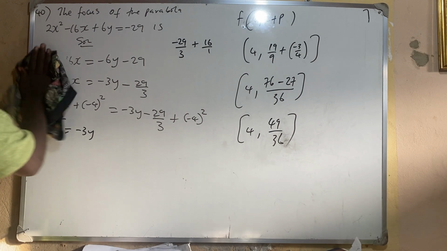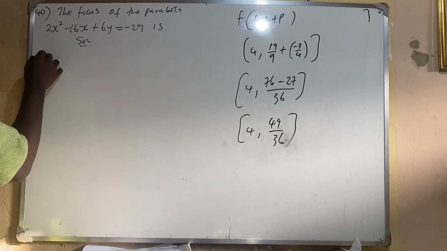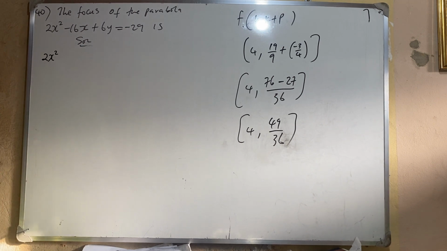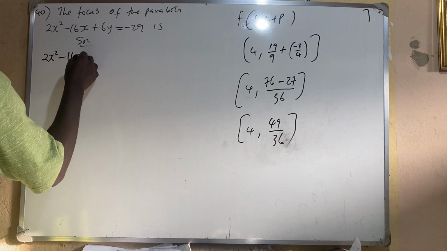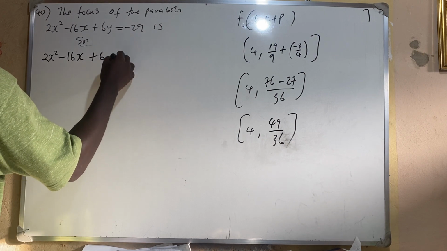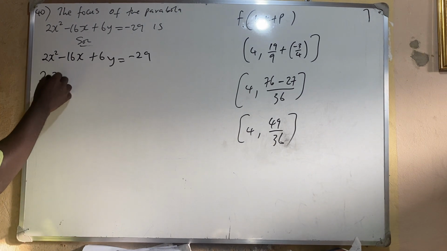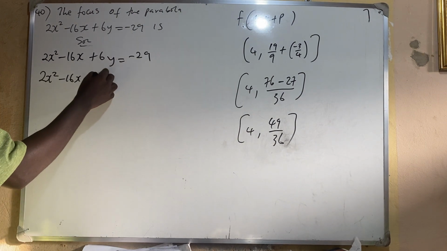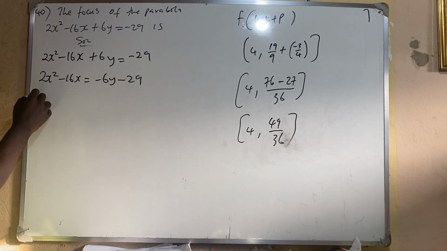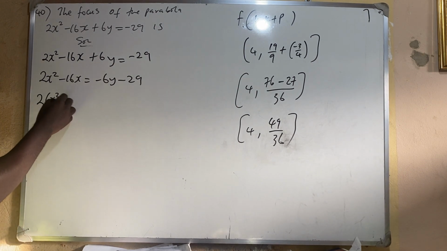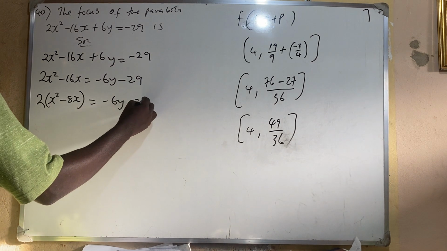Or let me try the other way around. Let's see if we can get the solution. So I have 2x squared, let me check my question again, minus 16x plus 6y is equal to minus 29. Right? So I have 2x squared minus 16x is equal to minus 6y minus 29. Okay, so I'm having 2 in bracket of x squared minus 8x is equal to minus 6y minus 29.